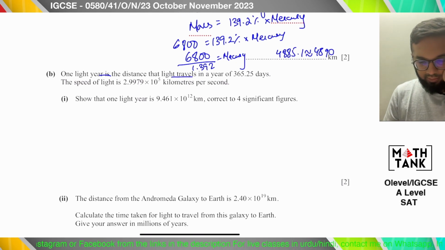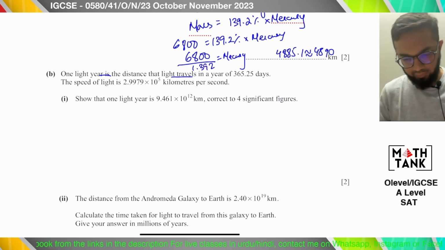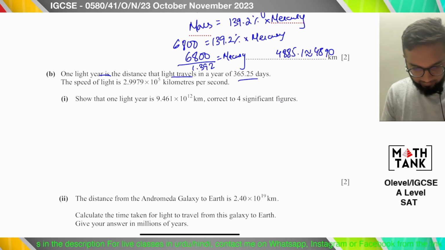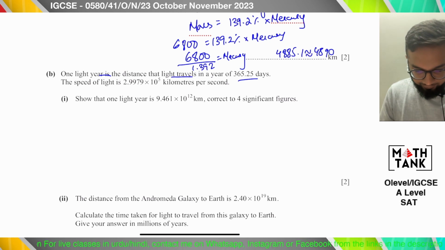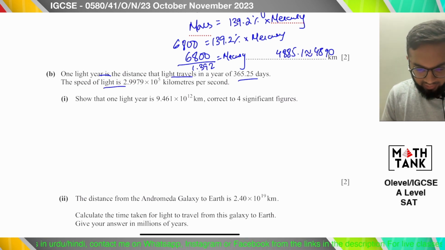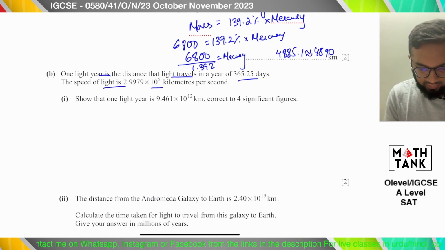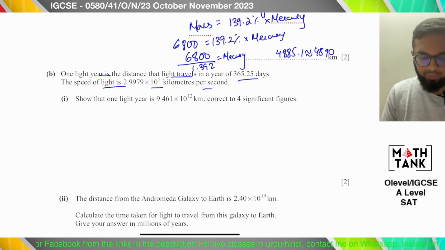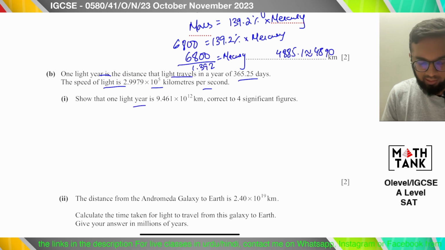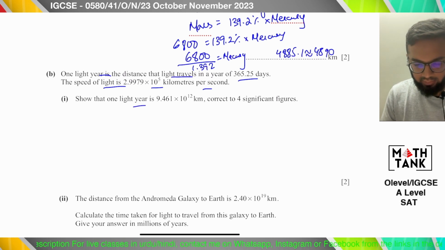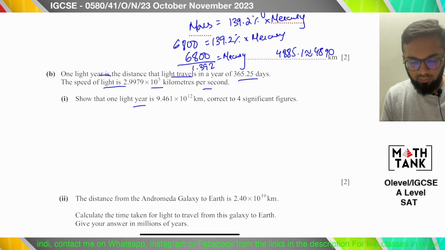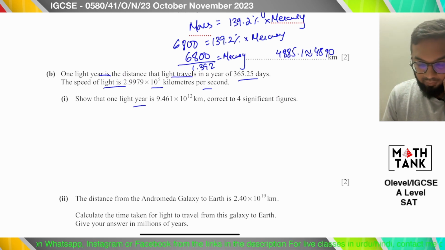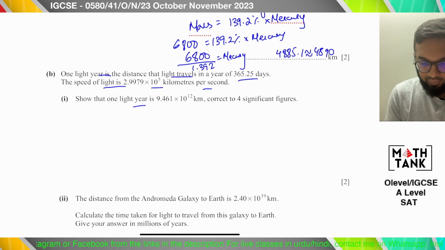One light year is the distance that light travels in a year of 365.25 days. The speed of light is 2.9979 × 10^5 kilometers per second. Show that one light year is 9.461 × 10^12 kilometers, correct to four significant figures.